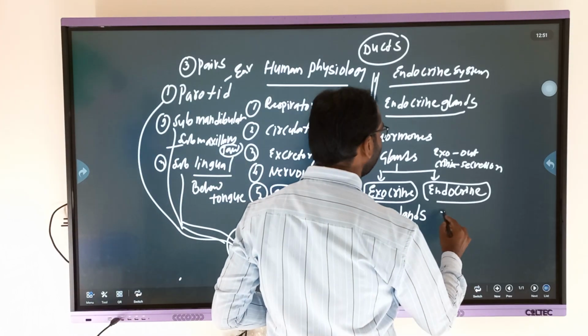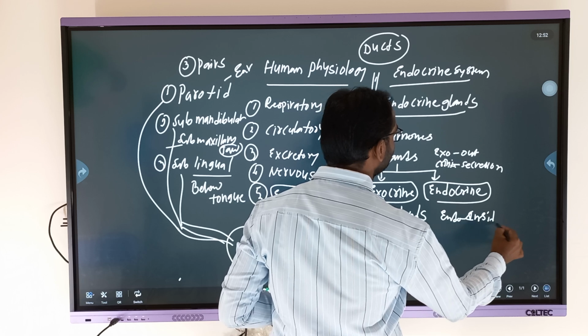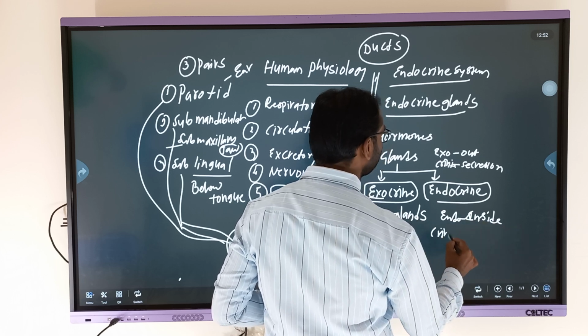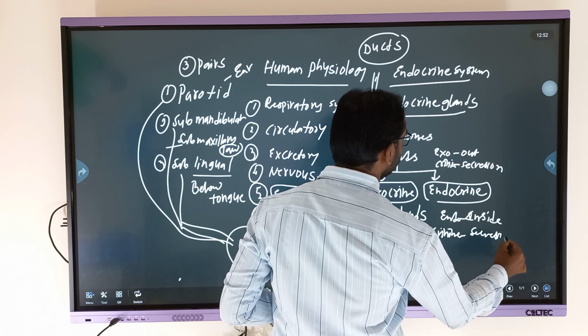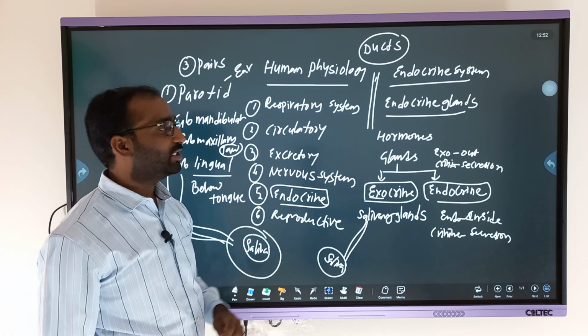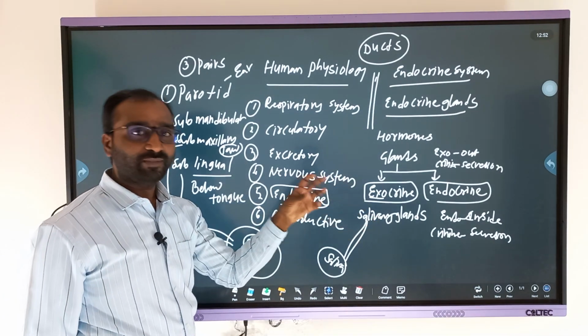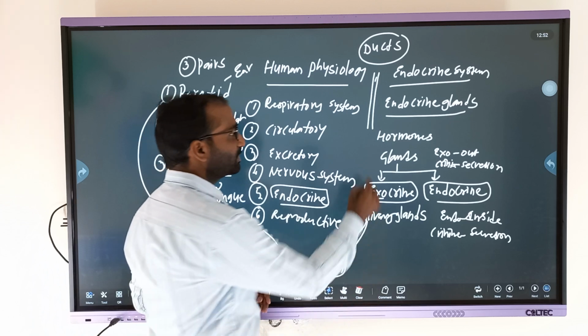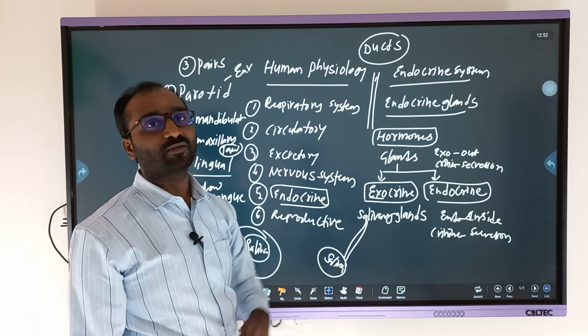Then what about the endocrine? There, endo means inside. In the same manner, crine is nothing but secretion. These endocrine glands release the secretions. What are those secretions? Hormones. What do you mean by hormone?